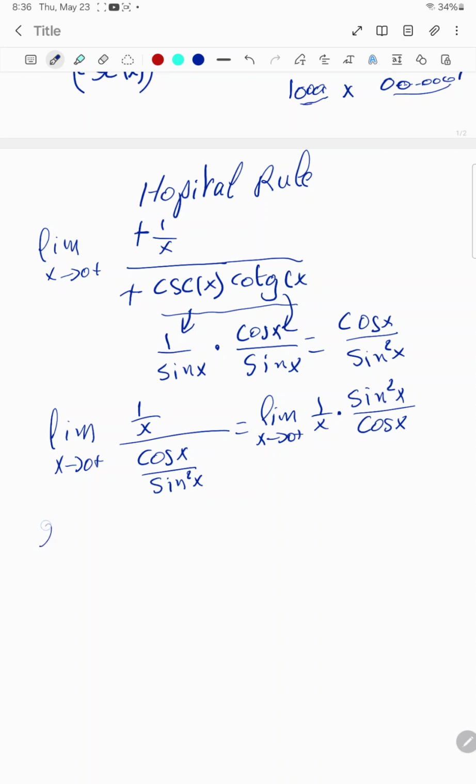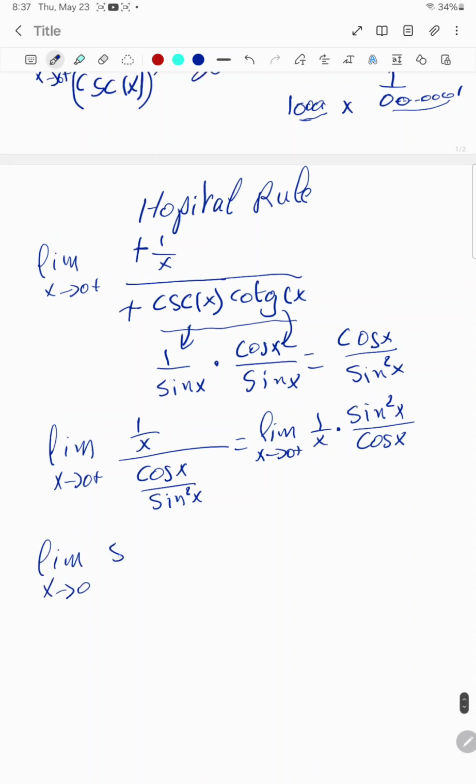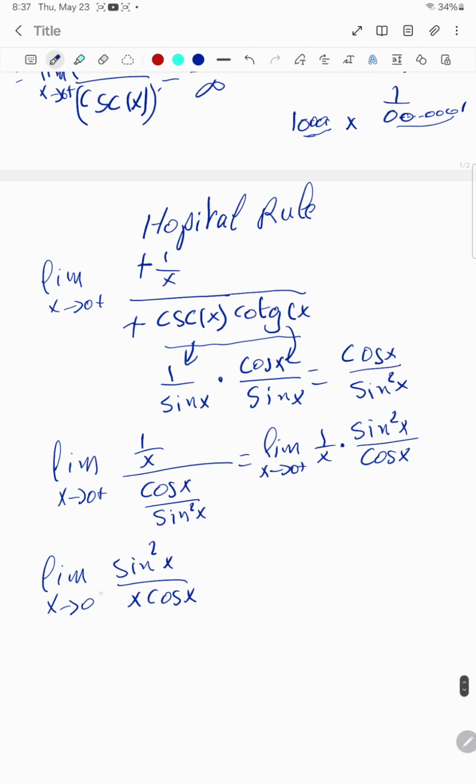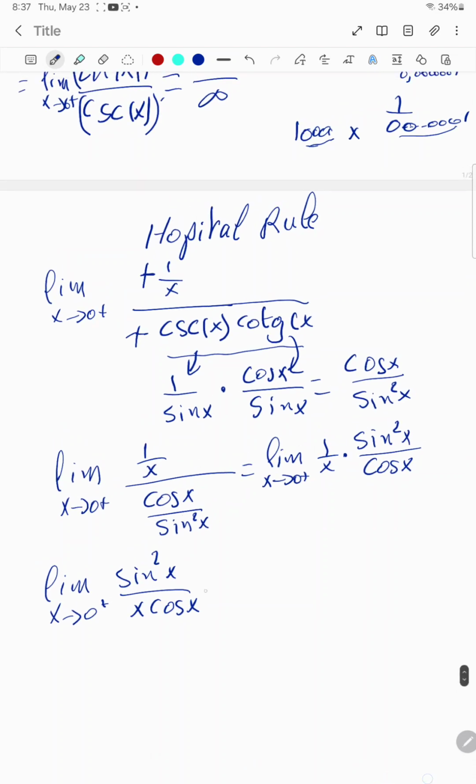So all I have to do now is to study the limit when x goes to 0 plus of sine square of x divided by x cosine of x. But I know sine of 0 is 0, and if I replace x by 0, cosine of 0 is equal to 1, 0 times 1 is 0. It is indeterminate again, so I have to apply L'Hopital's rule again.